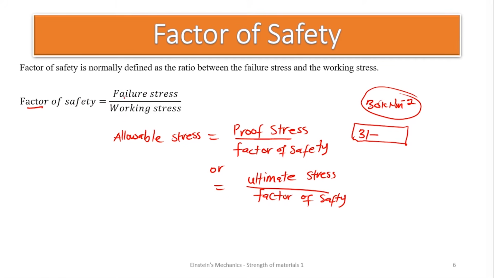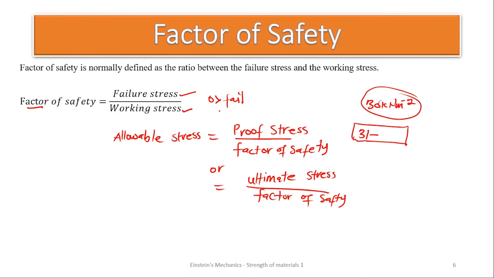So the failure stress, the stress that's going to break the material, over the working stress. Do we get it? So if we are getting a high number, any number greater than one, meaning the material is going to fail because the failure stress will be greater than the working stress.